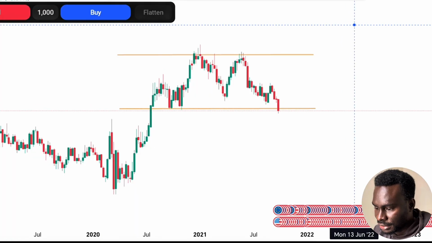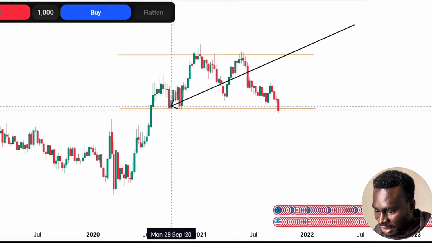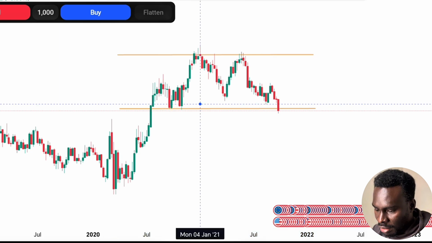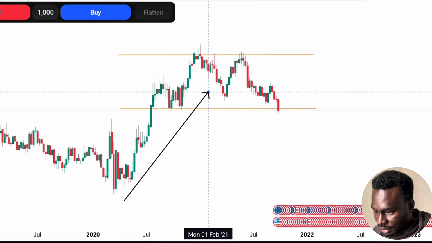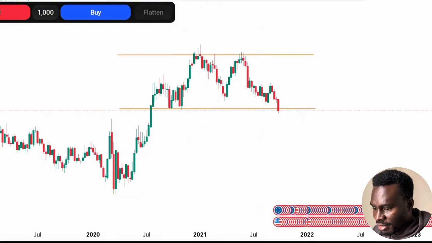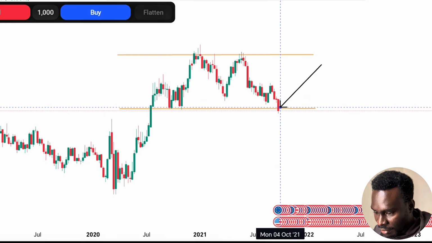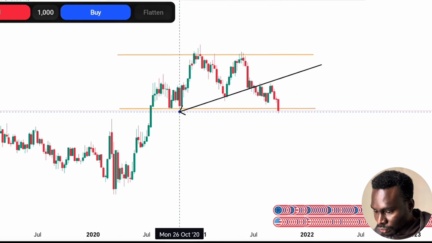In this case, this is a zone and this is a zone, and this is market structure because this was the last higher low the market made. So all this while we were in an uptrend, like you can see, like so. Now after we broke the trend right here, we broke the zone, which also corresponds with structure.